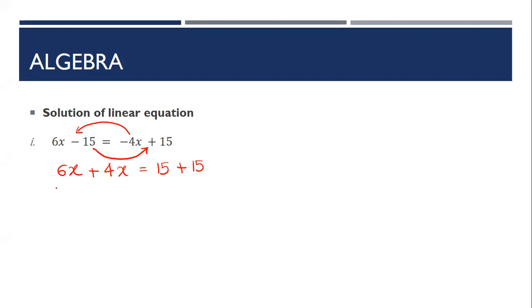Okay, so 6x plus 4x is 10x, and here 15 plus 15 is 30. So after dividing both sides by 10, I am getting the x value as 3. Okay, so we are correct.